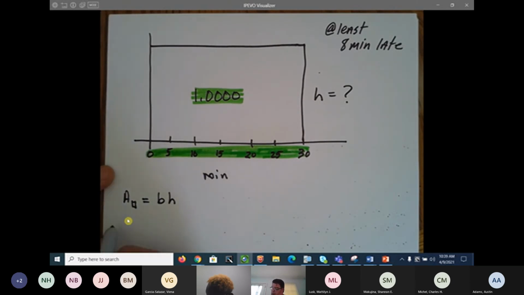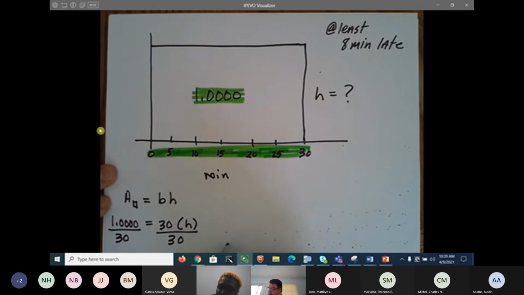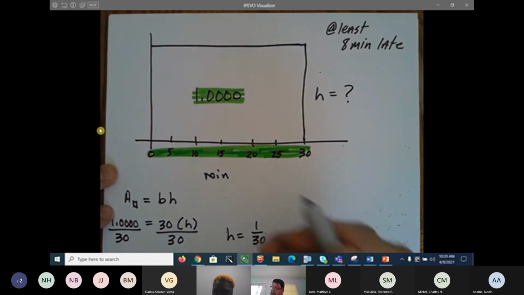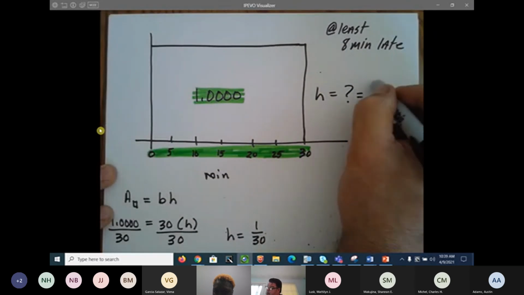So therefore, 1.0000 is equal to 30 times h. And how do I get rid of multiplying by 30? Divide by 30 on both sides. If I do it on one side, I got to do it on the other. So my height is equal to 1 over 30, and that is my height.